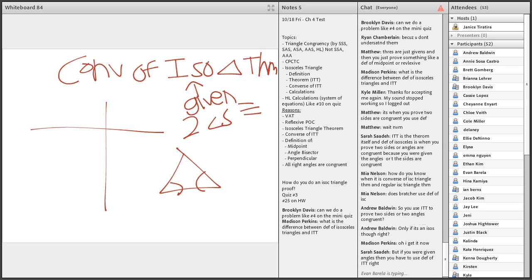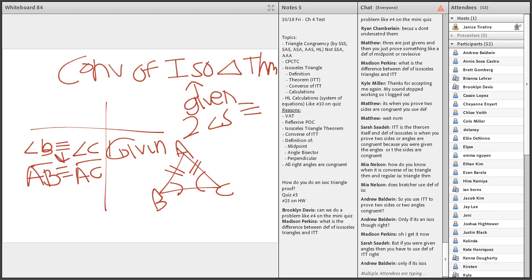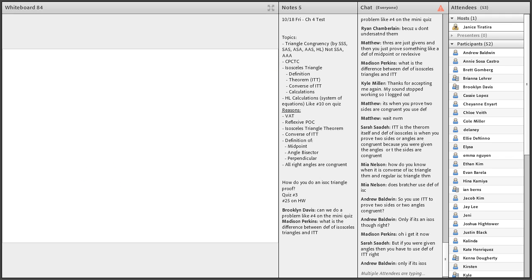So same picture, angle B is congruent to angle C, given. Then I can say the two sides are congruent after. That specific order yields to converse.